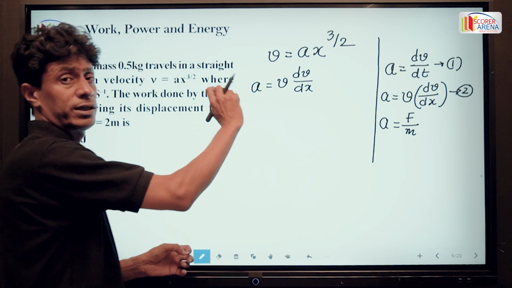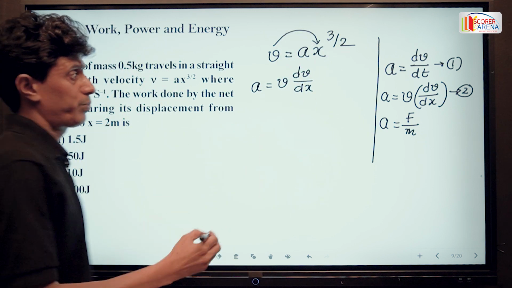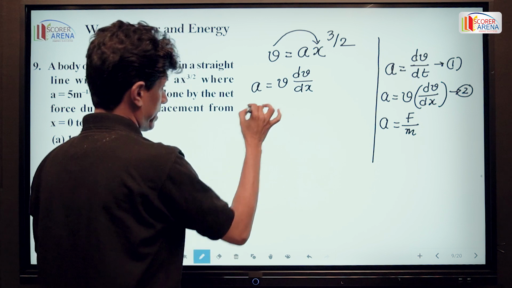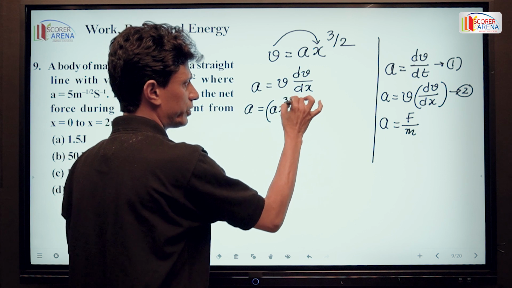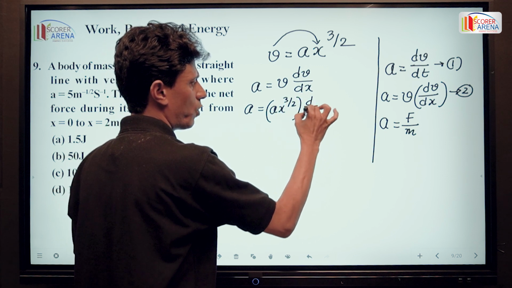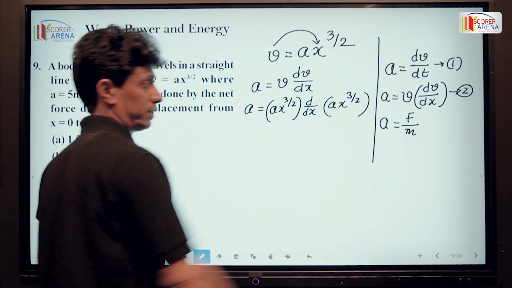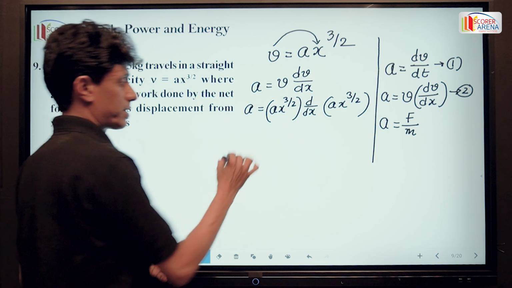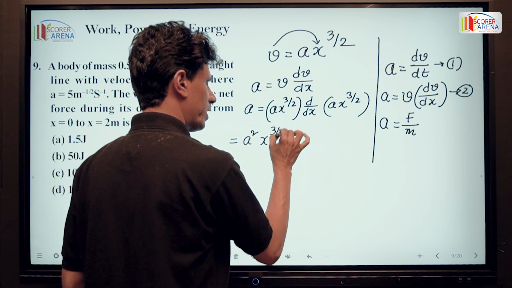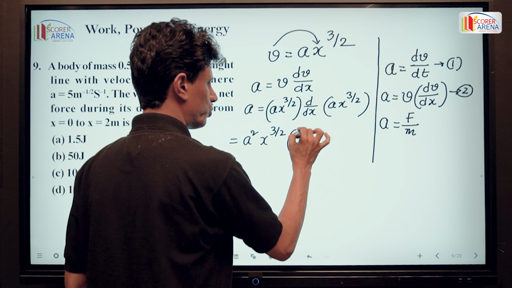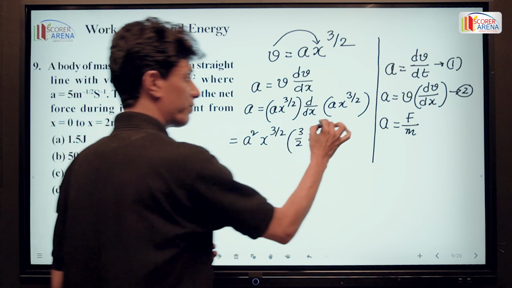Since the velocity of the particle is a function of x, the acceleration of the particle, putting v equal to a x to the power 3 by 2, is a x to the power 3 by 2 into d by dx of a x to the power 3 by 2, which is 3 by 2 x to the power 3 by 2 minus 1, that is half.